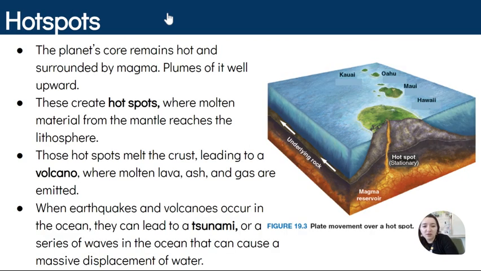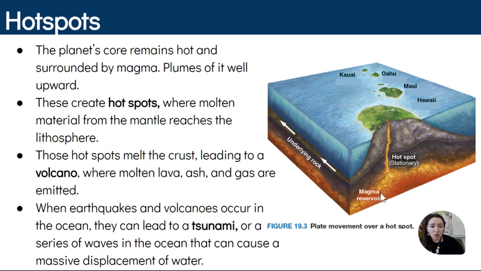Hotspots are areas where the planet's core remains hot and surrounded by magma, and plumes of it well upward. A plume is just like a spurt or a burst of something, and welling upward means it's floating to the top. So when this happens, these create something called hotspots, where molten material from the mantle reaches the lithosphere.